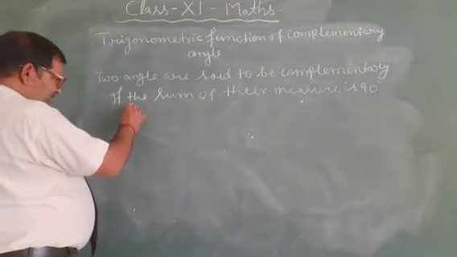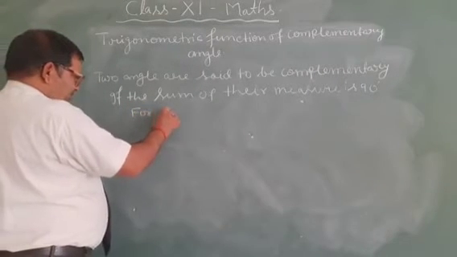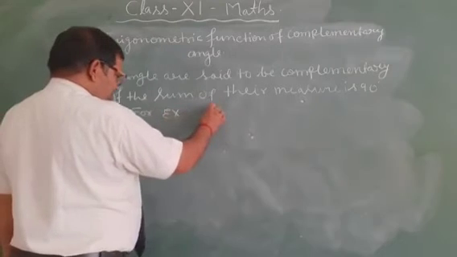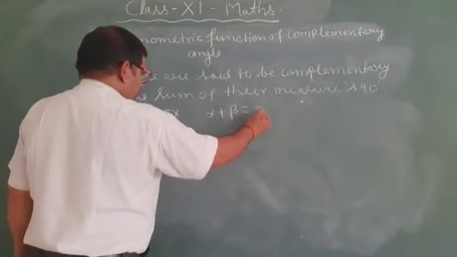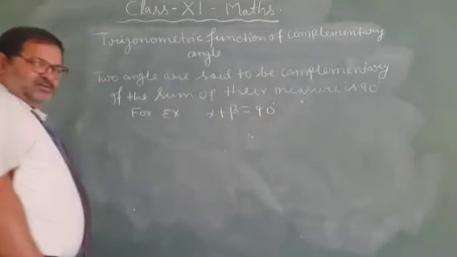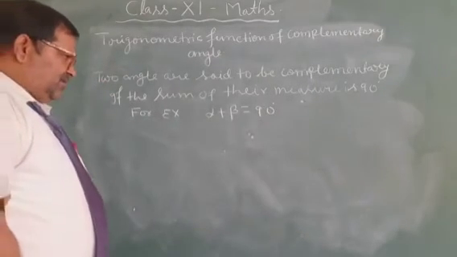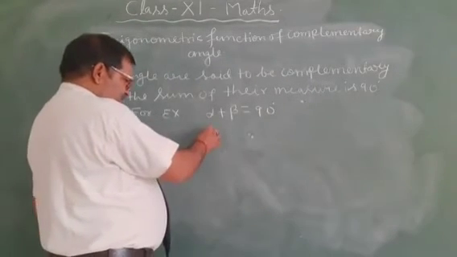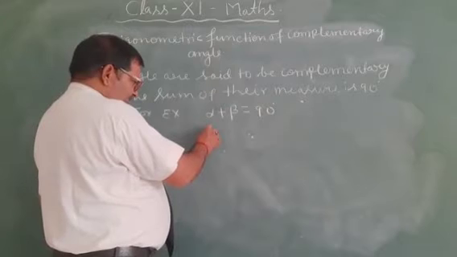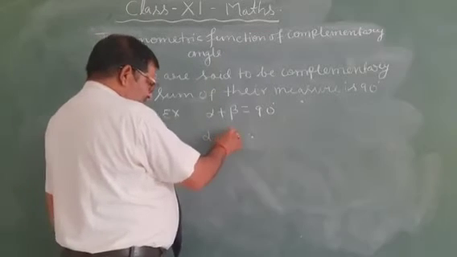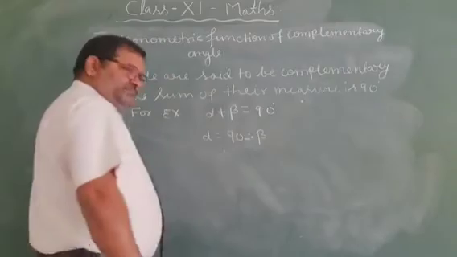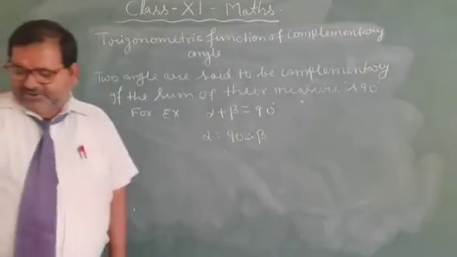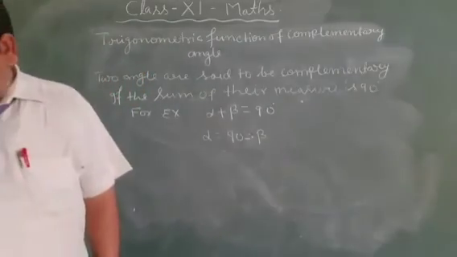For example, alpha plus beta equal to 90. So therefore, alpha equal to 90 minus beta.